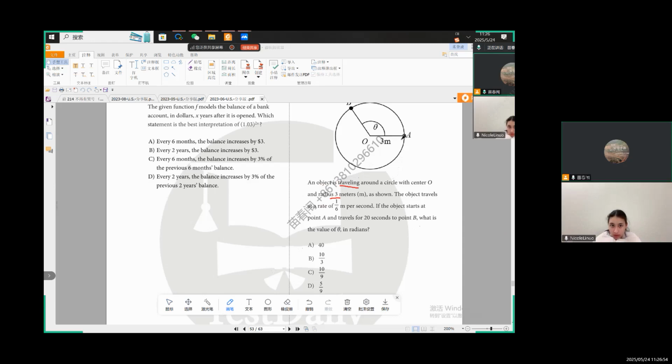Radius 3. And then the object travels at a rate of 1/6. This is rate, and also it's meters per second. This is kind of like speed, right?